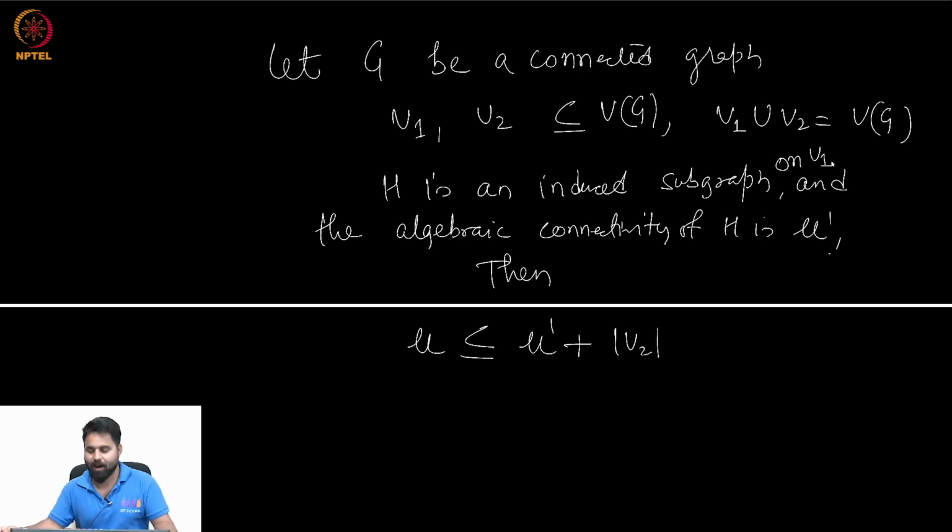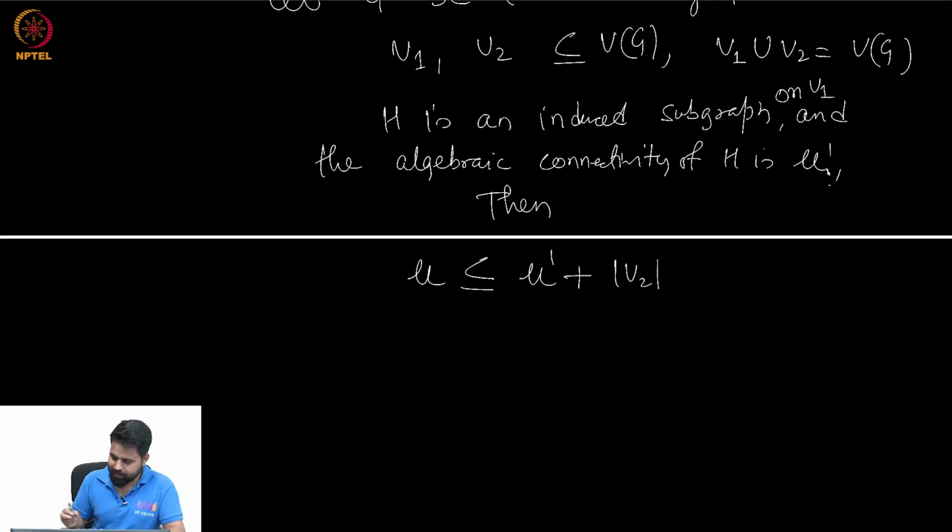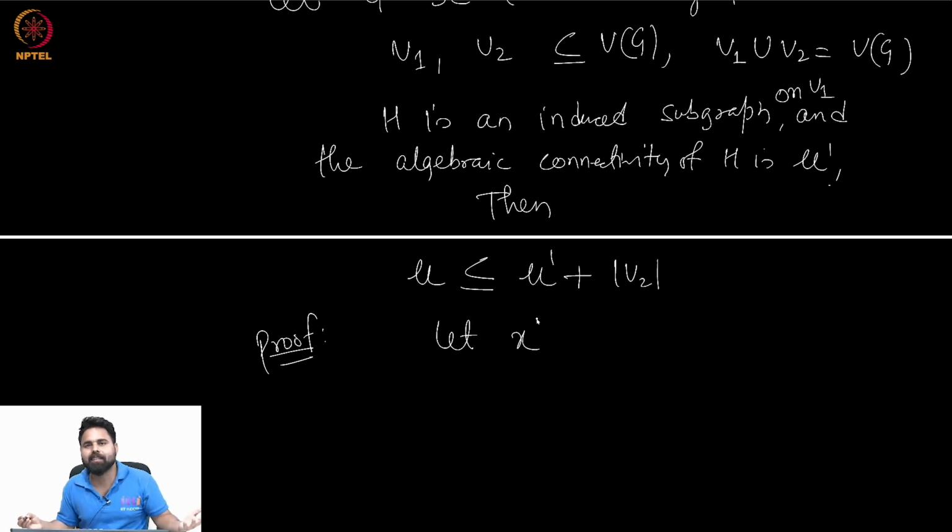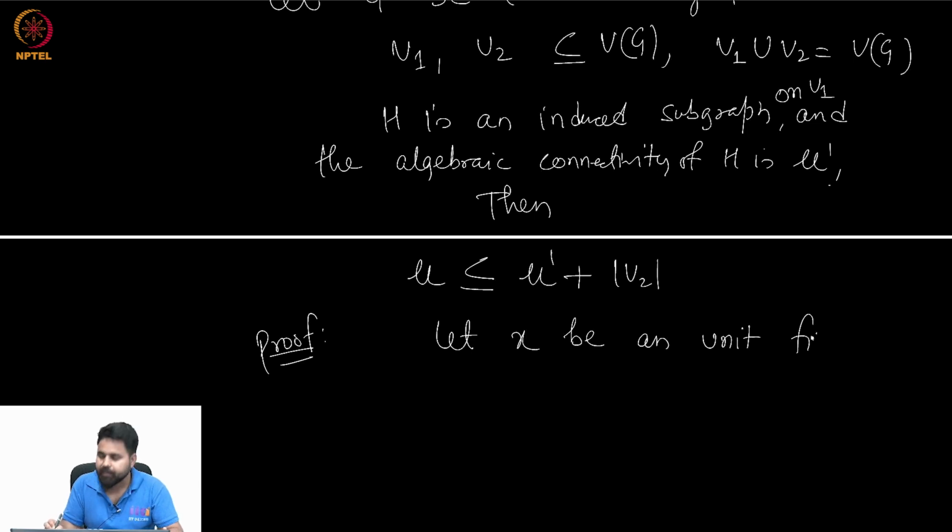So how to prove it? The proof is again very simple. Let x be a unit Fiedler vector corresponding to H, that means an eigenvector corresponding to mu dash.